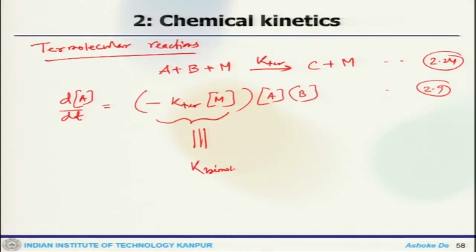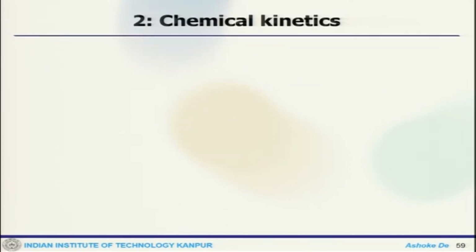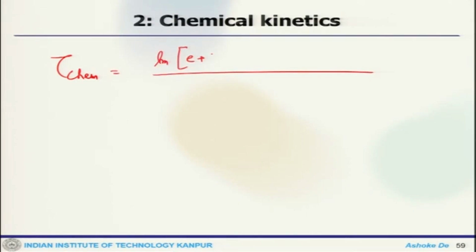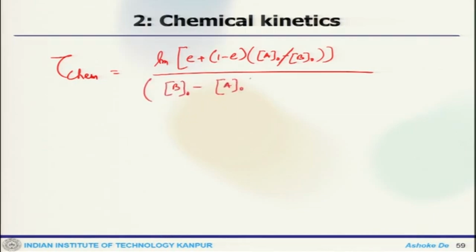Then the characteristic time scale for the trimolecular system one can estimate as ln of (E plus 1 minus E) A naught divided by B naught, where B naught minus A naught, which is K term into M. So, this is exactly where the equivalency with K bimolecular comes in, and using it we can find this.